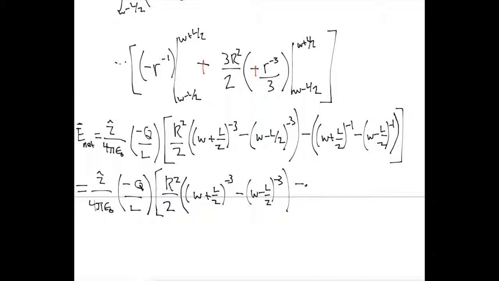And so now we can take this last part and turn it into L squared over 4 L squared minus W squared L and put all of that to the negative first. Close it up, and that's the final answer for the net electric field. Cool.